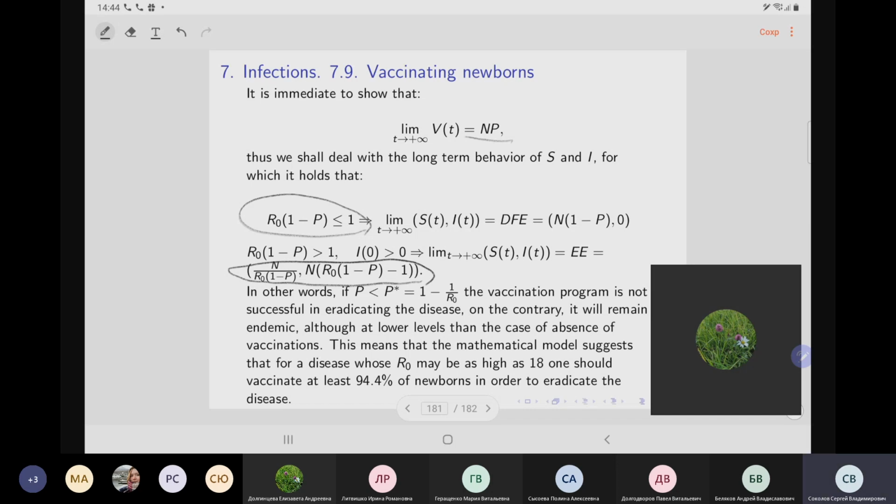Looking at the endemic equilibrium and the disease-free equilibrium, we see that the vaccination program will be successful if our vaccination intensity is greater than 1 minus 1 divided by R0.